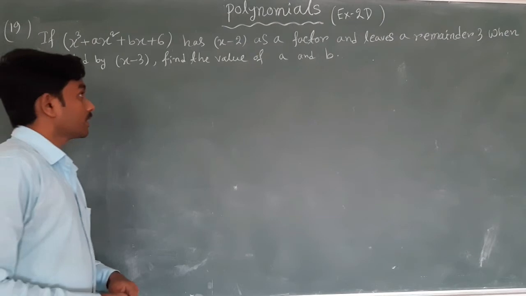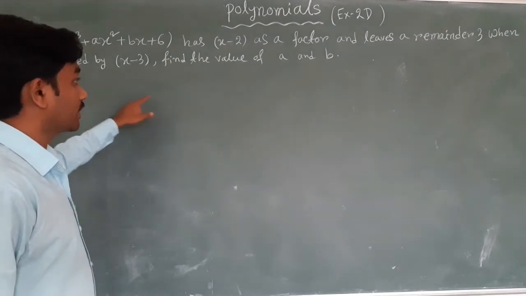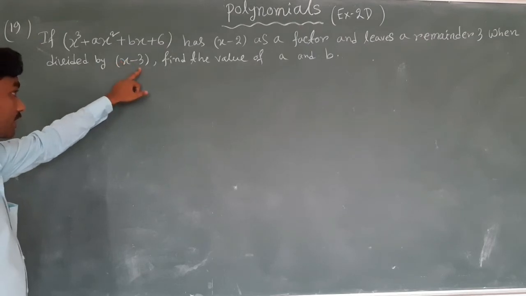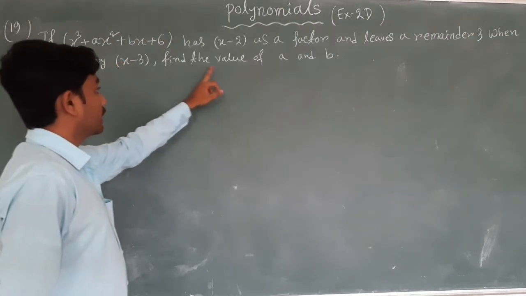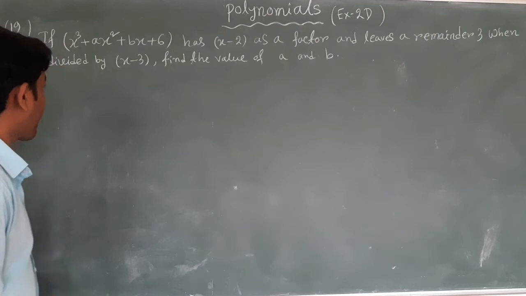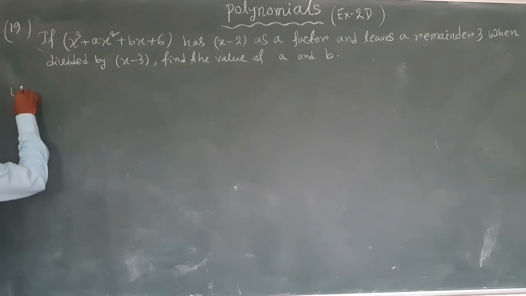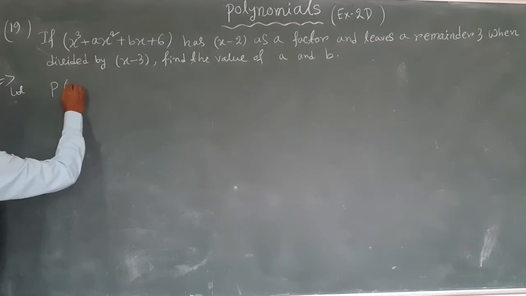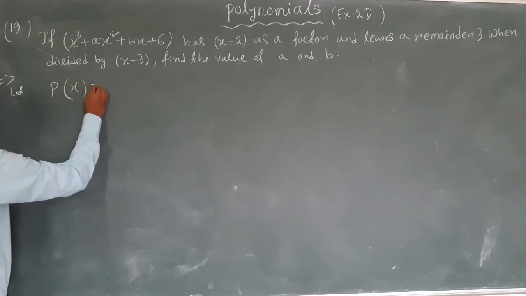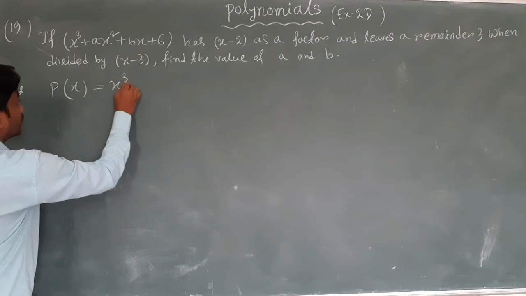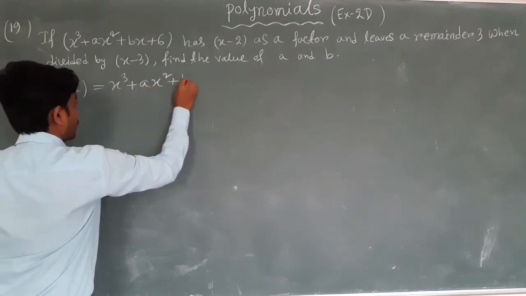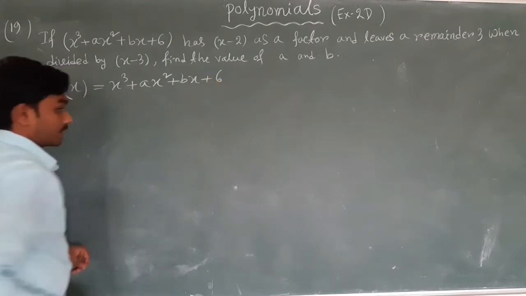If this has a factor x minus 2 and leaves a remainder 3 when it is divided by x minus 3, then find the value of a and b. Let the given polynomial p(x) be equal to x cube plus a x square plus bx plus c.